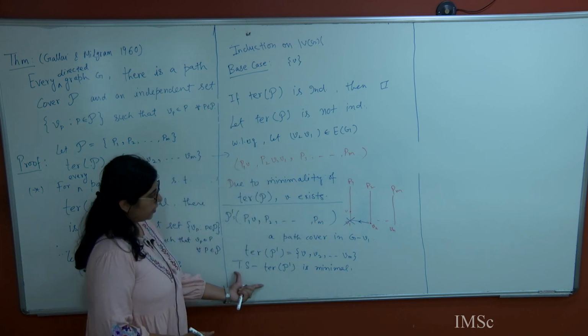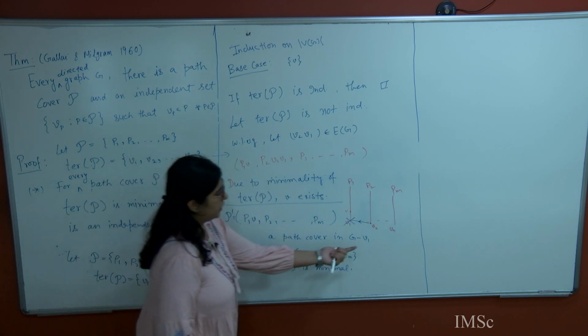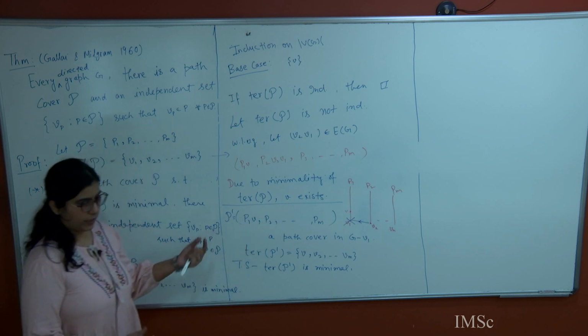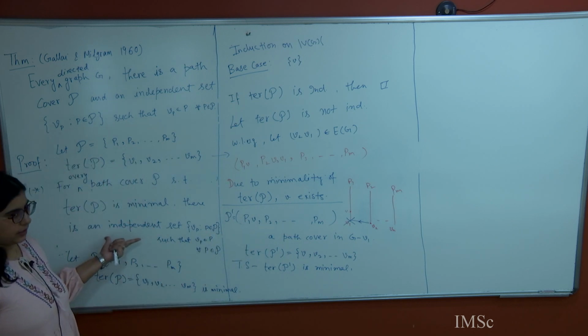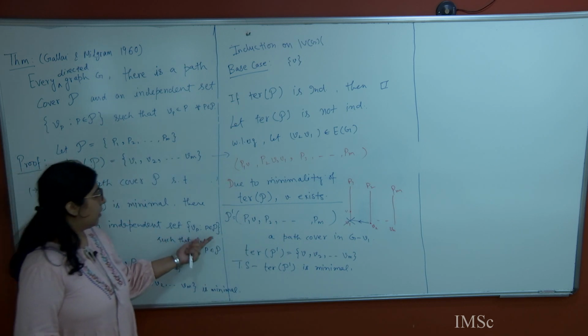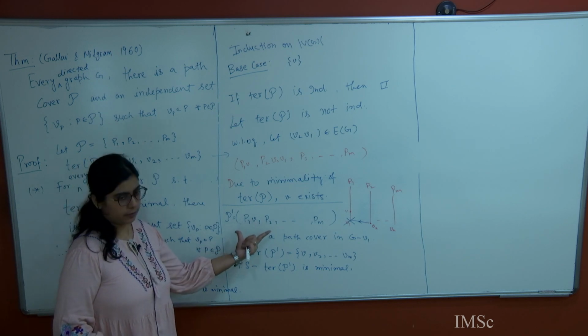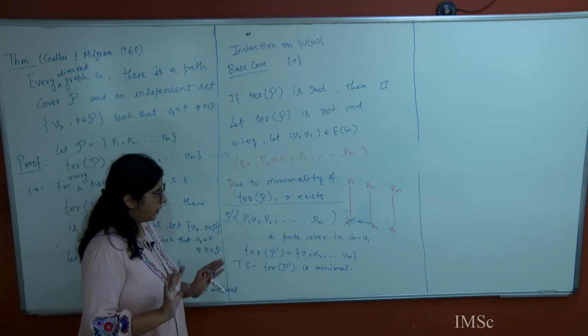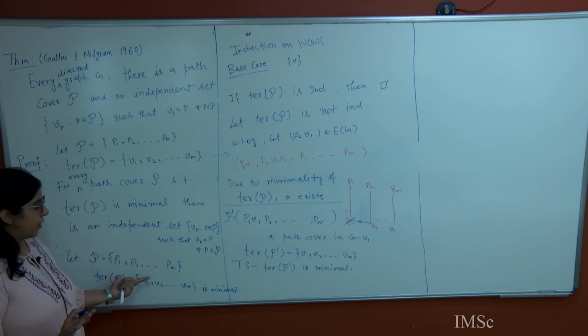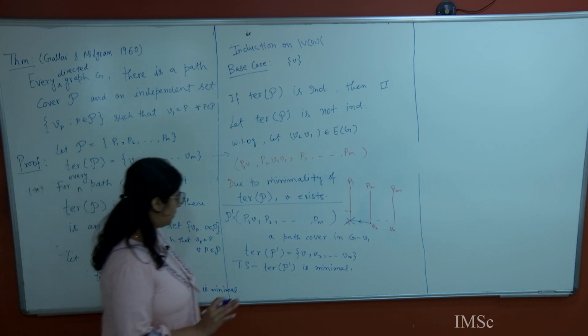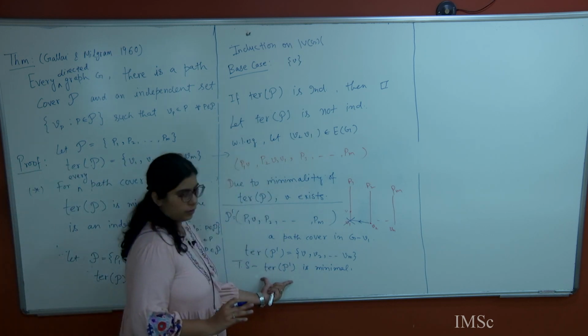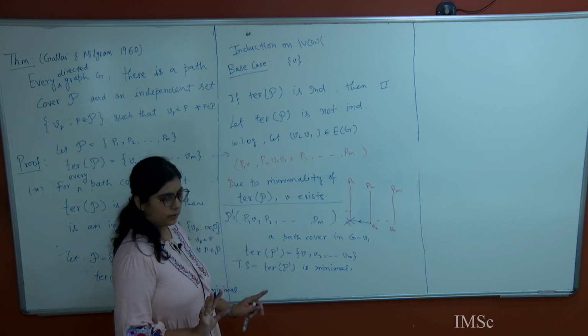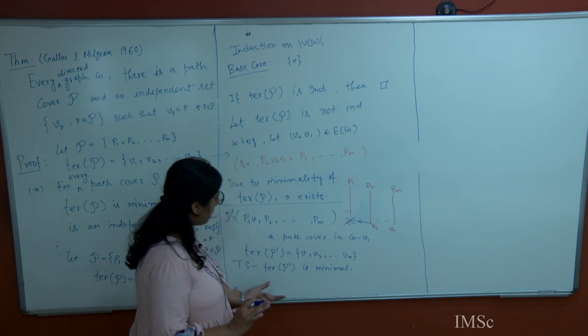Because if it is minimal, and this is a path cover in G minus V1, by induction hypothesis, I can say that there exists an independent set corresponding to this path cover, and that will be my independent set corresponding to the path cover in G as well. So this we want to show now, that's the goal.